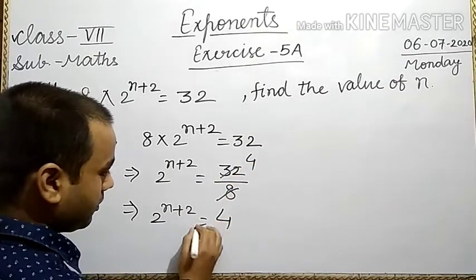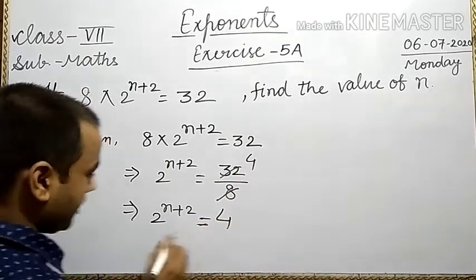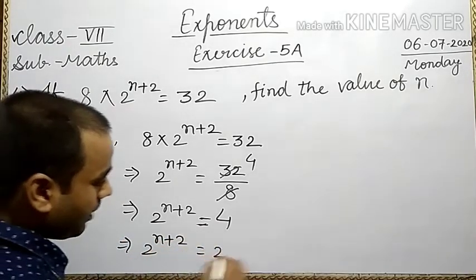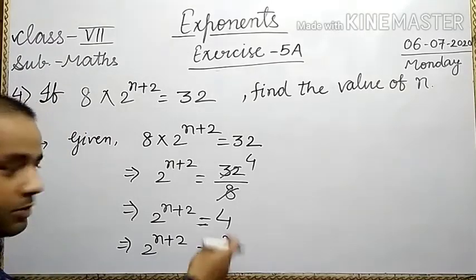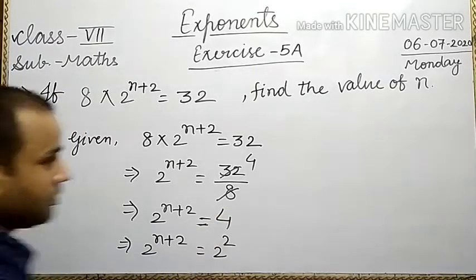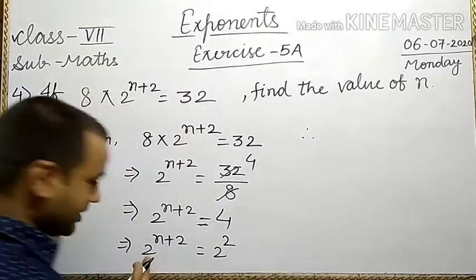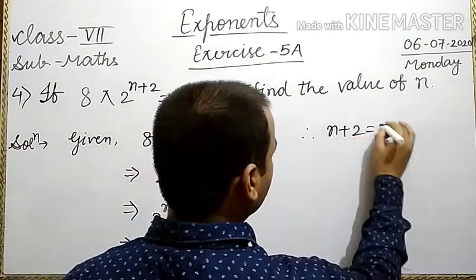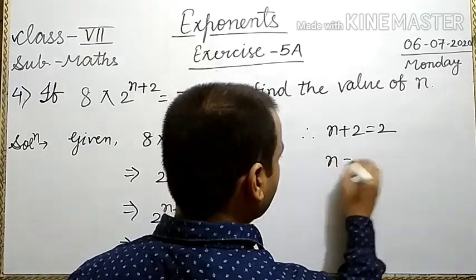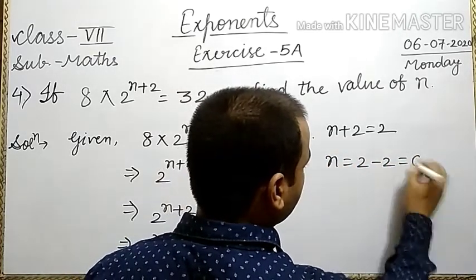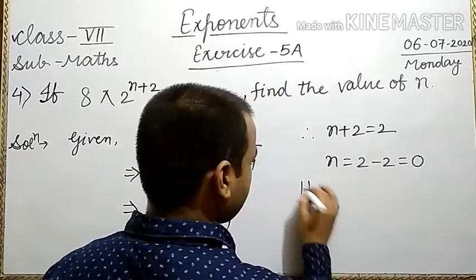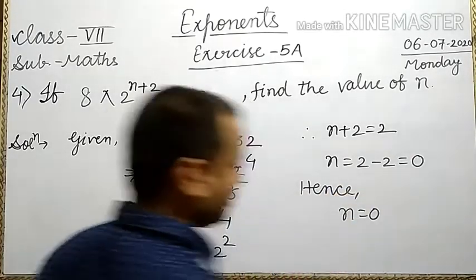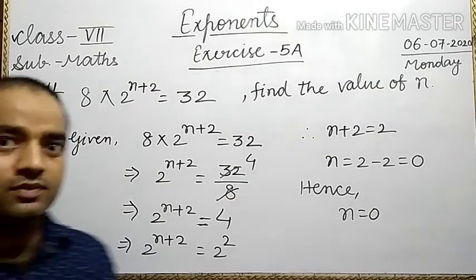So here write 4. Is it clear? 2 power of n plus 2, and 4 we also write as 2 power of 2. Therefore the base is the same, so the powers will be equated, which means n plus 2 is equal to 2. Then n is equal to 2 minus 2 is equal to 0. So hence n is equal to 0. This is your required answer.